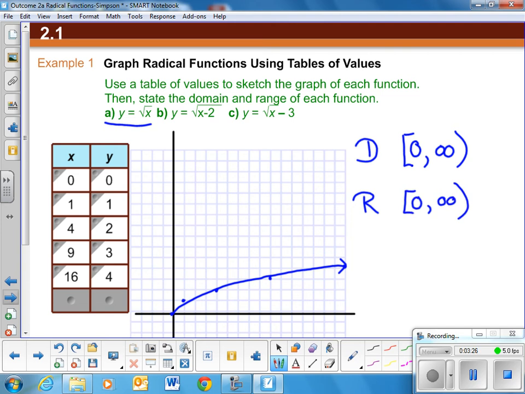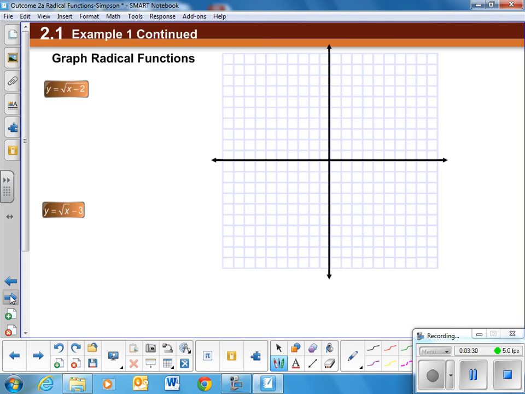Let's look at our next graph, y equals root x minus 2. So if we're doing y equals root x minus 2, let's start with a table of values. Remember that from the previous graph, we could graph root x as 0, 0, 1, 1, 4, 2, and 9, 3 would be all that I would have room for this time.